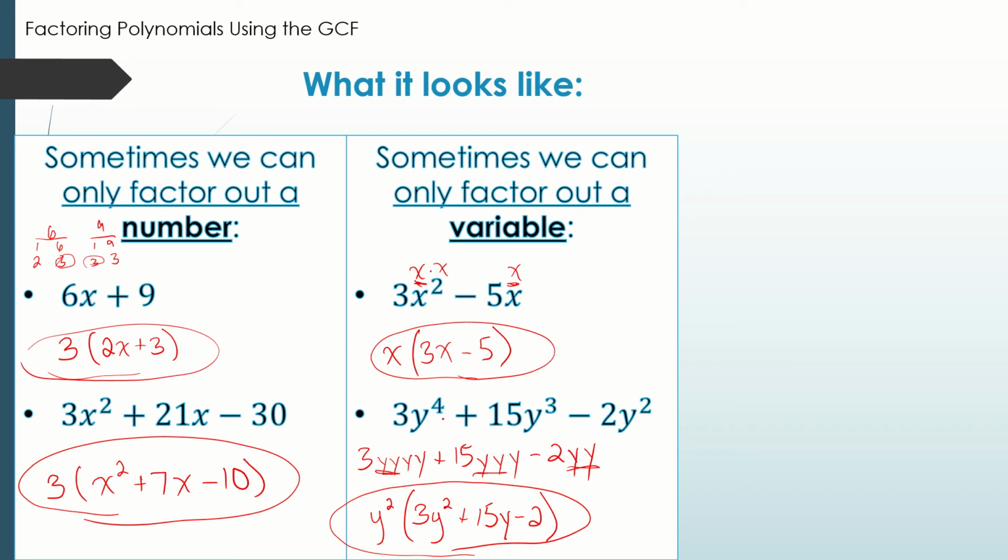So when I did y to the fourth divided by y squared, 4 minus 2 gave me 2. When I did y to the third divided by y squared, 3 minus 2 gave me the exponent of 1. And then y squared divided by y squared, 2 minus 2 is y to the 0, which means we don't even put the y there. So a couple different ways to look at this and still get the correct answer.